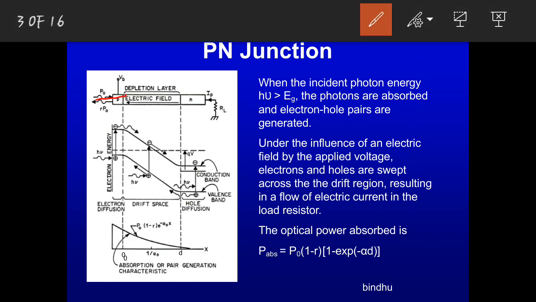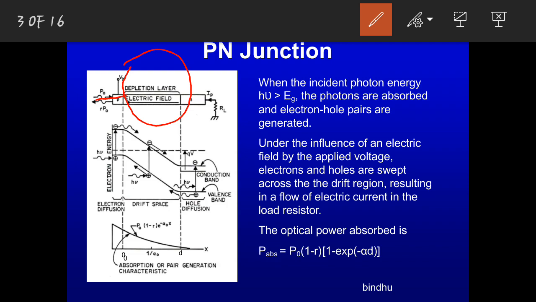When this photon enters, it takes in energy hf greater than the band gap energy. Electrons and holes are created, and once they enter the electrical field region, these electrons and holes are capable of drifting, which results in the flow of electrical current.